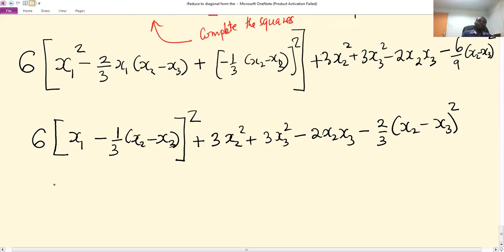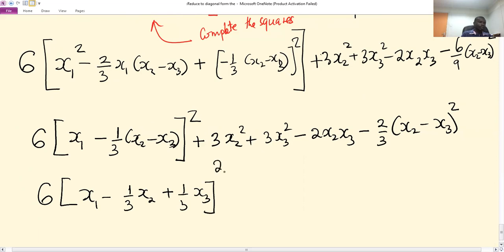So here we have 6 into x1 minus a third x2, minus is plus, a third x3, then square. Now let's open this.